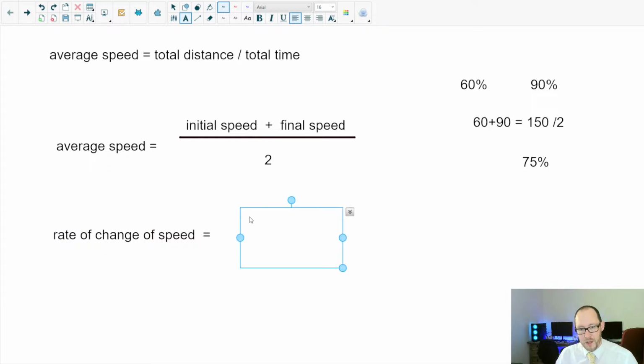For those of you who really like cars, the analogy here is if I buy myself a little 200 quid beat up dying car, 1 litre petrol, and I stamp the accelerator, that car will go from 0 up to 60. And therefore will have an average speed of 30 miles per hour using my average speed equation: initial speed of 0, final speed of 60, divide that by 2, 30.